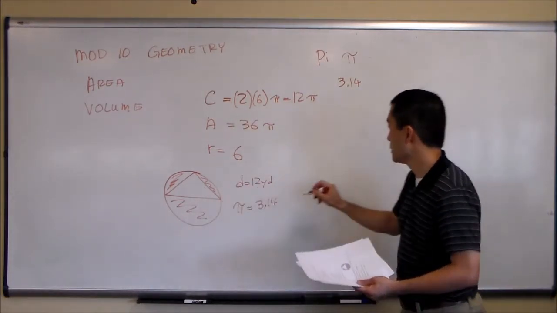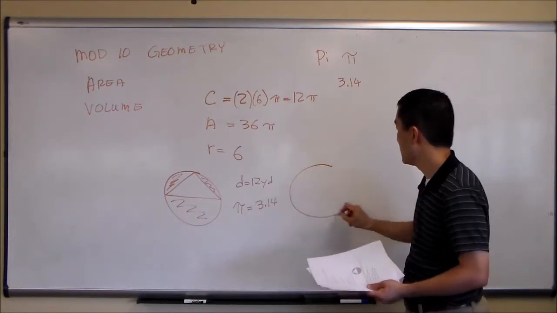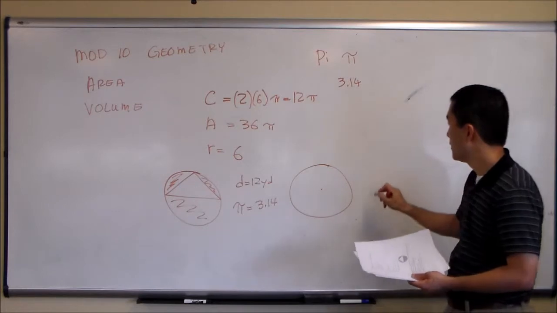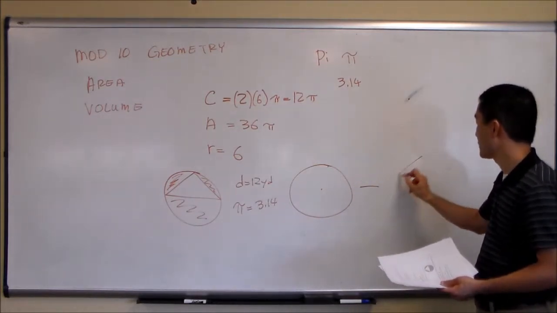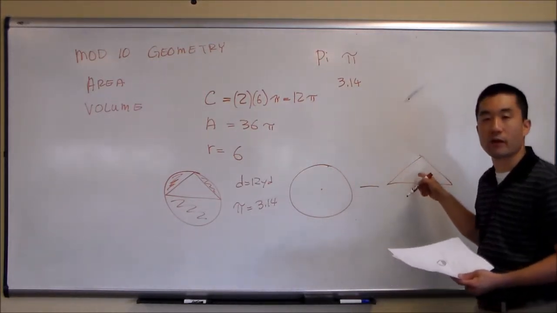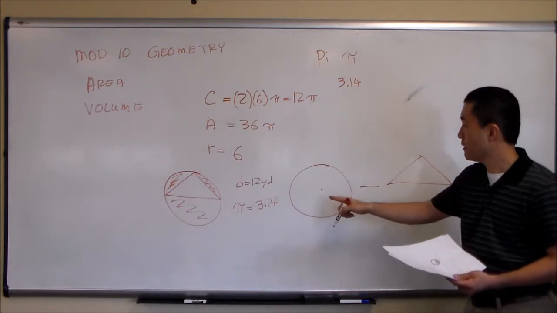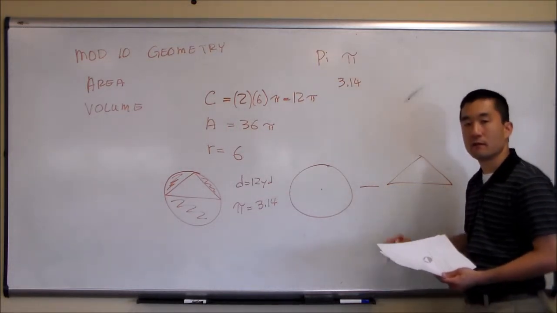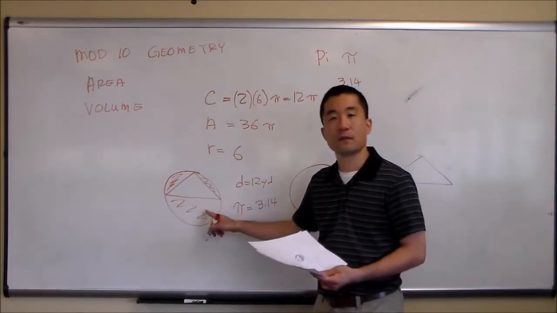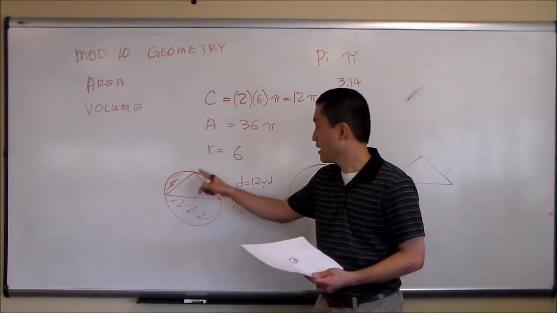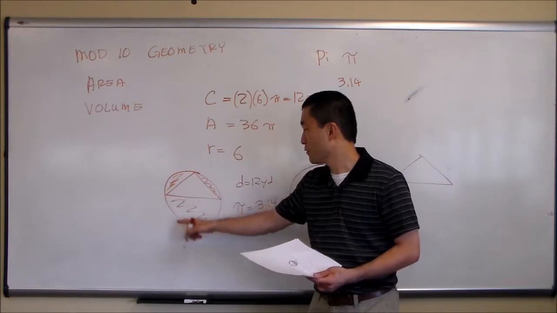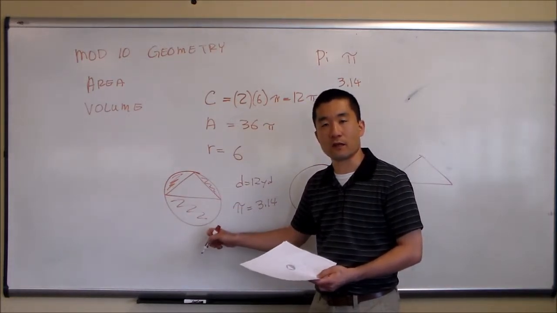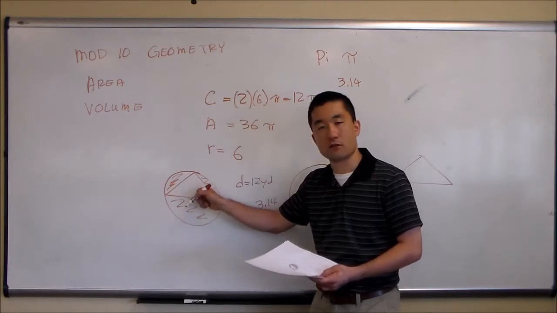So this is equivalent to saying, find the area of the circle minus the rectangle, sorry, the triangle. So if I find the area of the circle and subtract the area of the triangle, I get this shaded area. So if you get any kind of area that you don't see the formula for, basically the key is to break it down to pieces you recognize, circle and then the triangle.